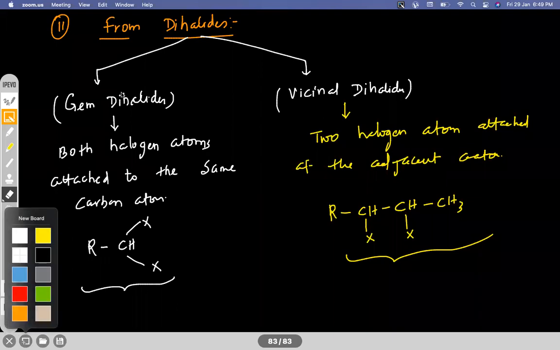Now you look at the reaction here. If you have gem dihalides, then what happens, you see? Write down: gem dihalides when heated with Na in presence of ether forms higher alkene.